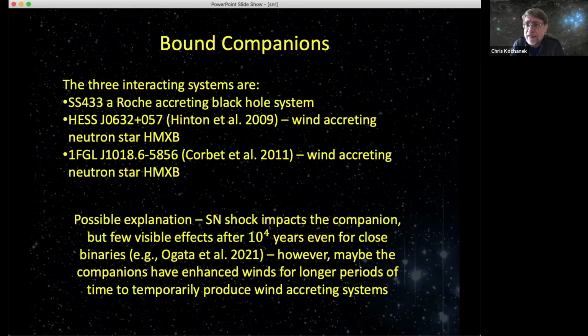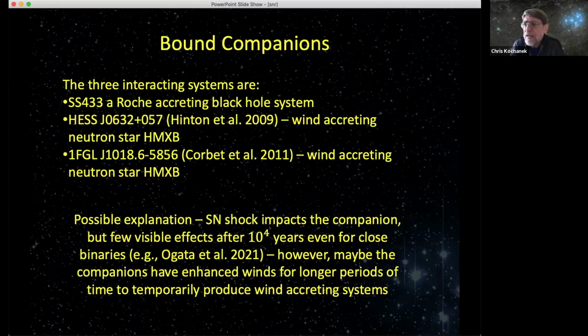It's interesting that all of the binaries in supernova remnants are interacting. There were no non-interacting binaries in the supernova remnants. We at least floated the following possible explanation for why you might find a lot of wind accreting systems: when the supernova goes off, the shock does smash into the companion star.